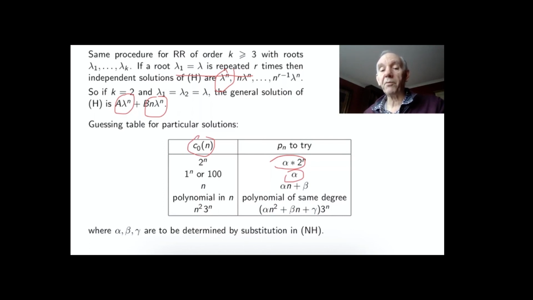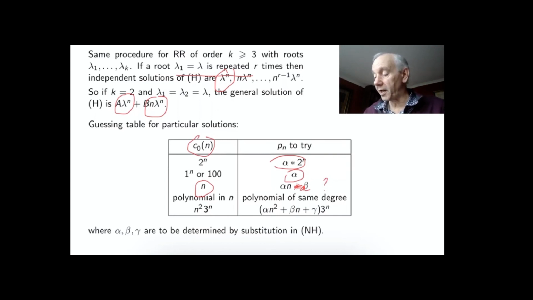Then getting a little bit more complicated, you see these exponential terms are somehow easier. If you see on the right-hand side n, or 3n, or 100n, it's not good enough just to take a constant times n. You might be tempted to take a constant times n as your particular solution, but that typically will not work.